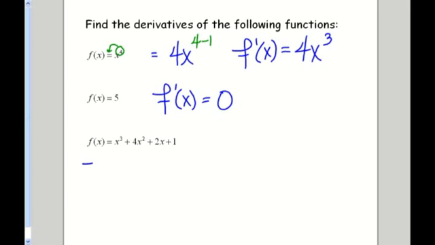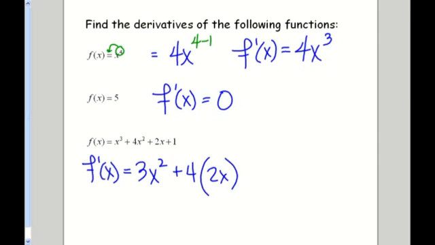So for this one, f prime of x, for x cubed, that's going to become 3x squared. So 3 to the front, 3 minus 1 is 2. And then plus 4, so the constant's out in front, times 2x. So that's the derivative of this x squared part.